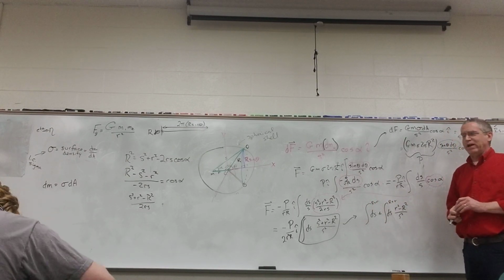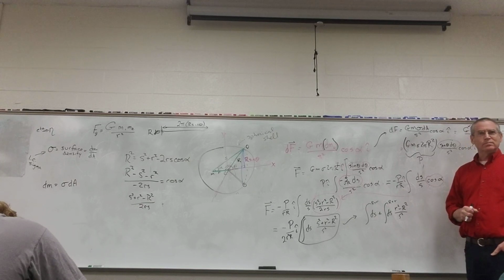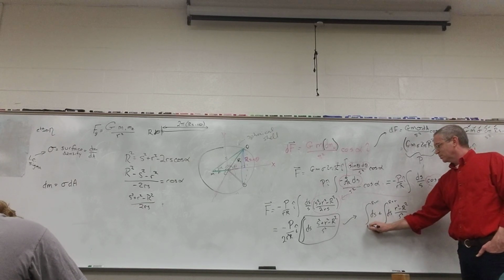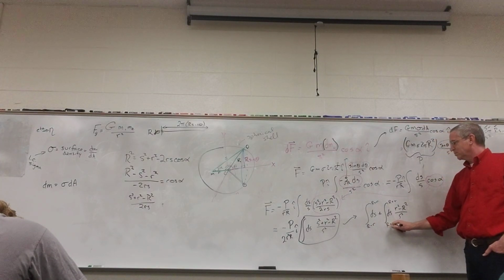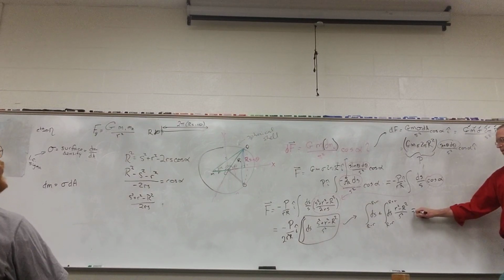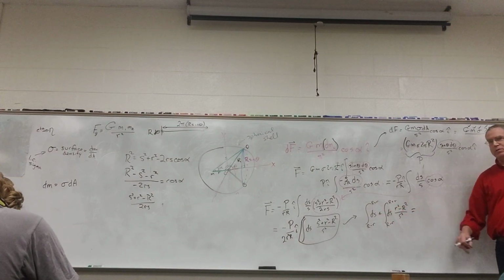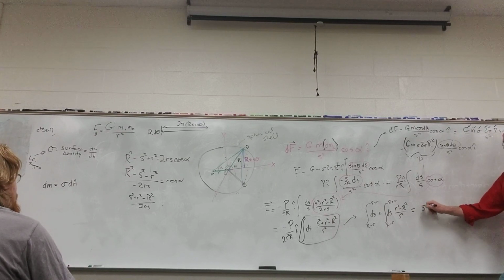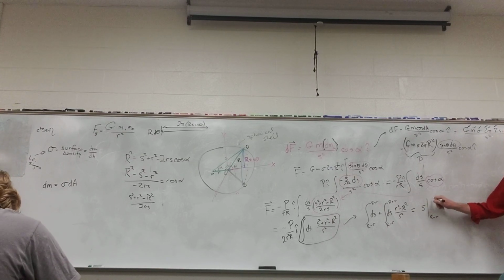What's the smallest value of S? Big R minus little r. The first integral, simple enough, gives you S from big R minus little r to big R plus little r.